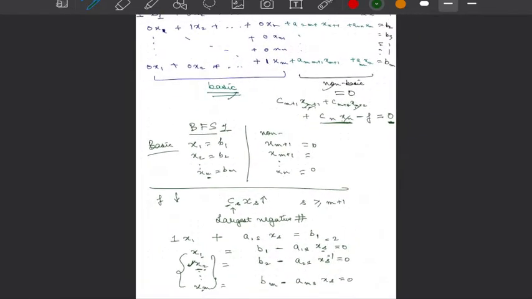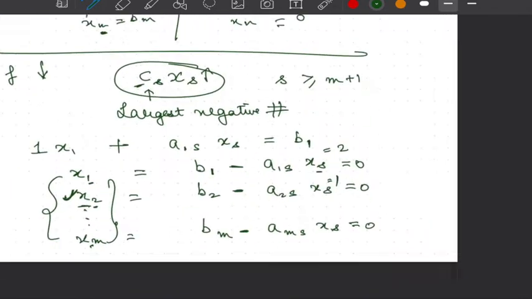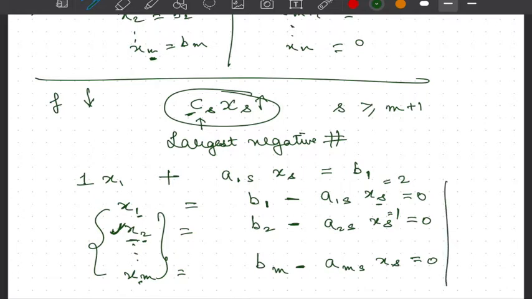So the entering variable is decided by the sign of our objective function coefficient, whereas the exit variable that would leave and become part of the non-basic variables, set to 0, should be the minimum of b_i upon a_is, such that a_is is greater than 0.